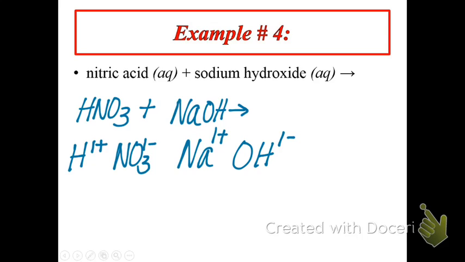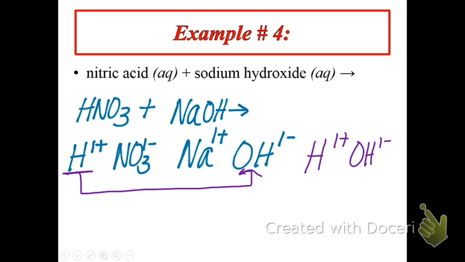Okay, so here are your ions. You have hydrogen. Hydrogen is going to go with a new one. It's going to go with OH. So, technically it produces HOH. But look at how many hydrogens you have.